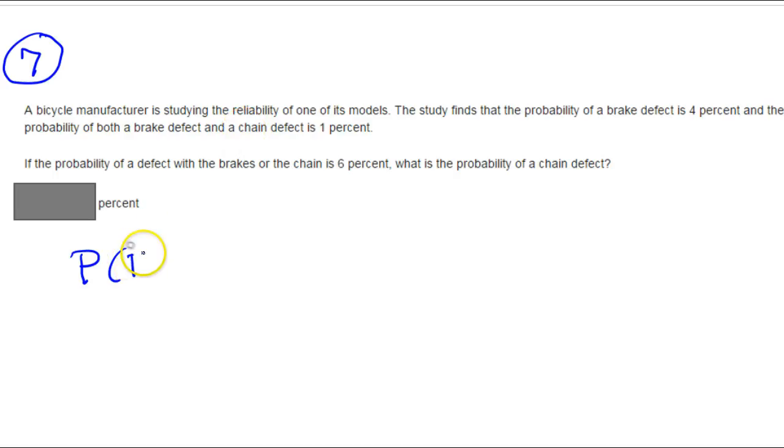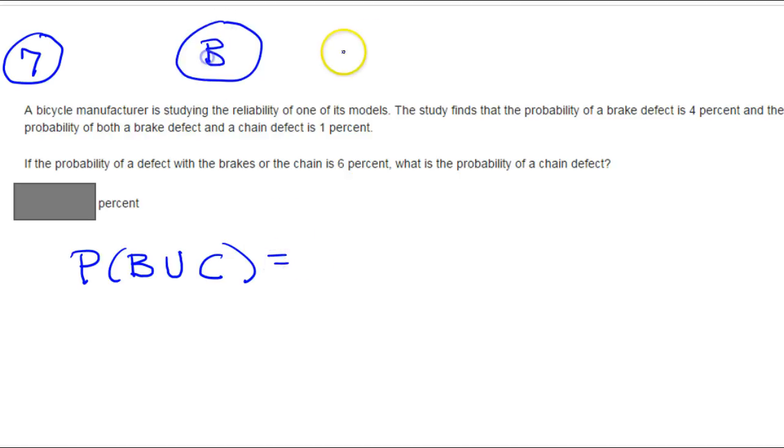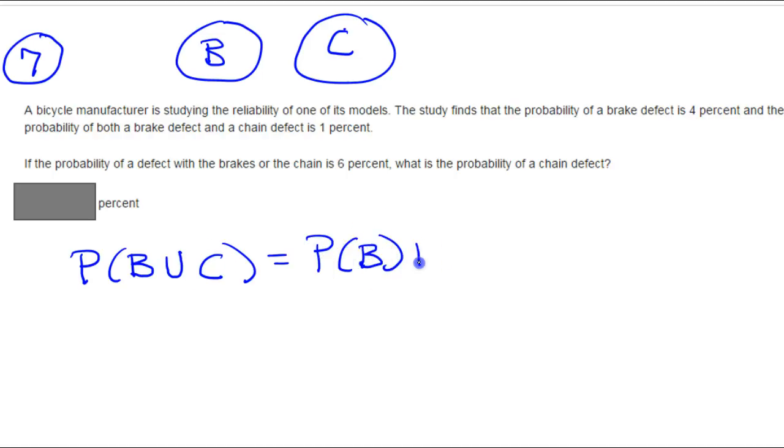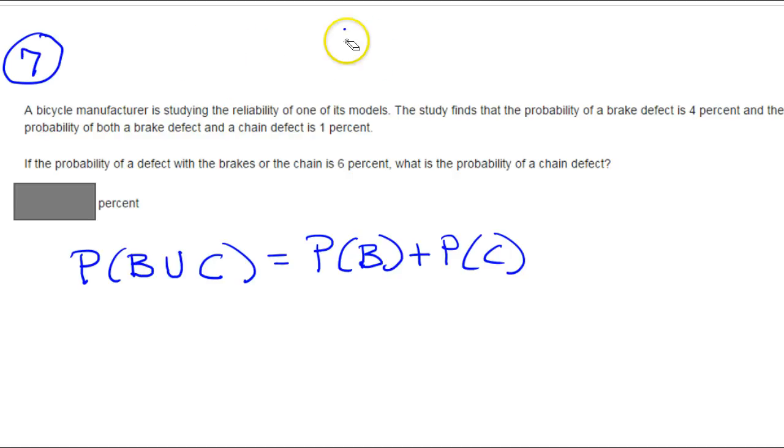So if I want the probability of a brake failure or the probability of a chain failure, now if these events were mutually exclusive, with no overlap between them, and I want the probability of one or the other, then I would just add the probability of brake failure plus the probability of chain failure. But when there's an overlap between these, let me redo it.